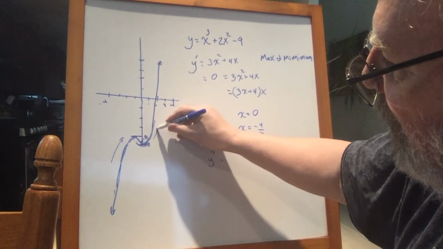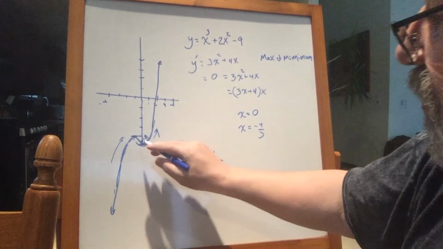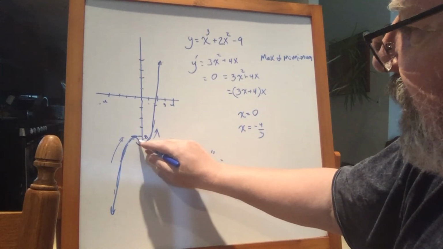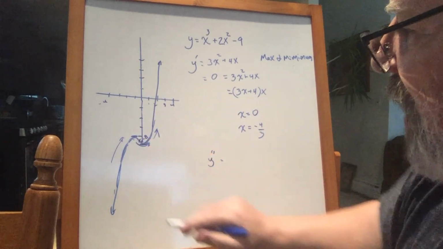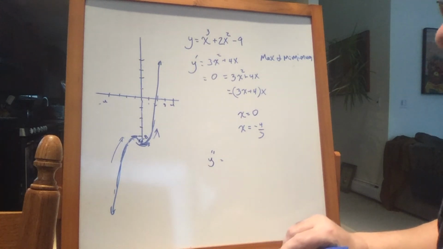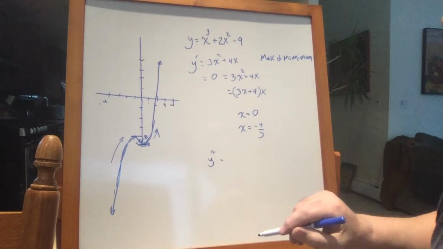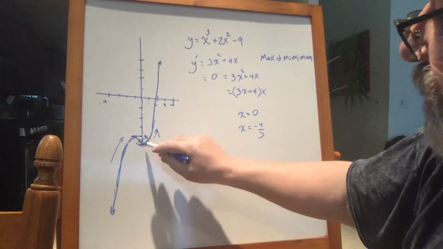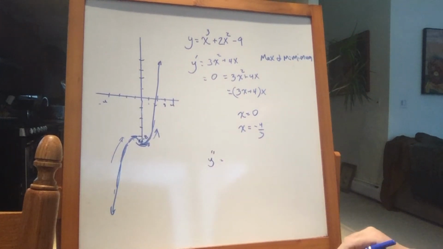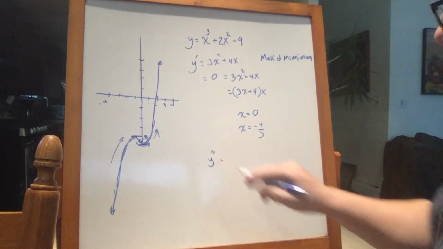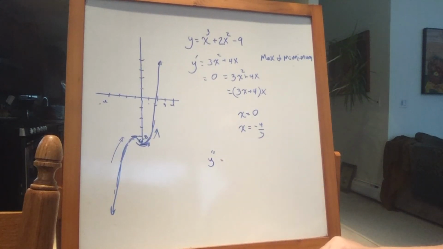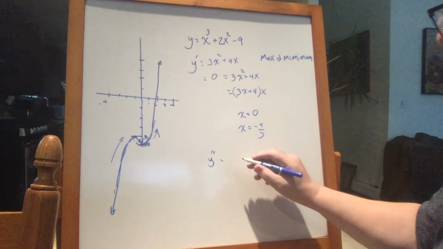So those points right there are where the curve changes. It's called an inflection point. And the double prime, or the second derivative, gives us the inflection point.